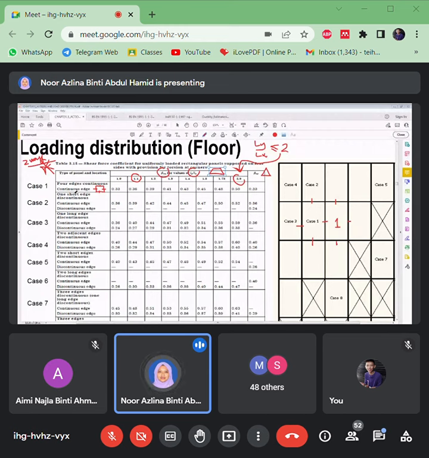Okay, for the continuous edge here, let's say for case 1, we still stick to case 1. This is Ly, this is Lx.